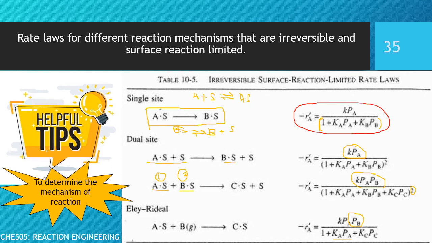So we need to look at the overall rate law to see where each species appears. And then KC, so of course C as a product will appear and attach on the active site. So this is how we determine the mechanism of reaction when we have the overall rate law equation.